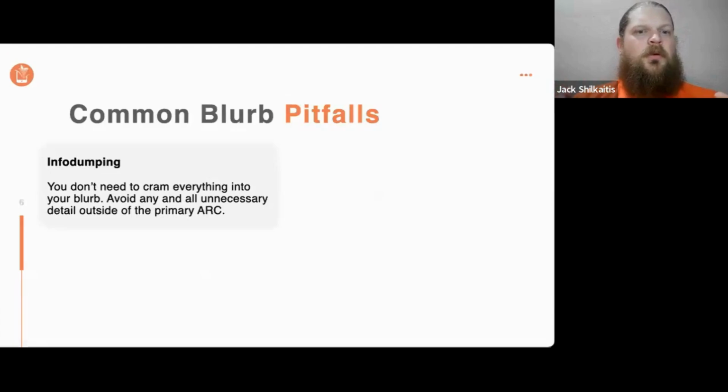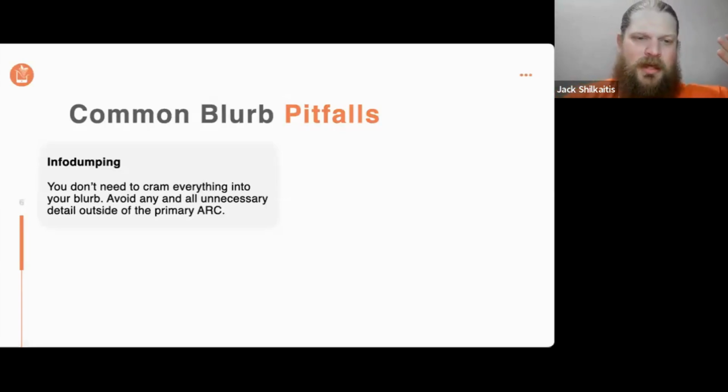So if, for example, you're writing a young adult fantasy series, maybe a coming of age series, we don't need to know the mentor character's backstory in the blurb. Other than maybe the mention of a villain, we probably don't need to know who the villain is or why they're so evil or what they did to the main character that hurt them or what have you.